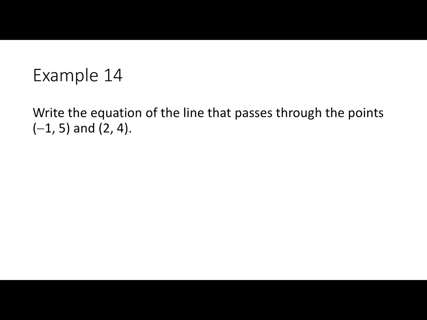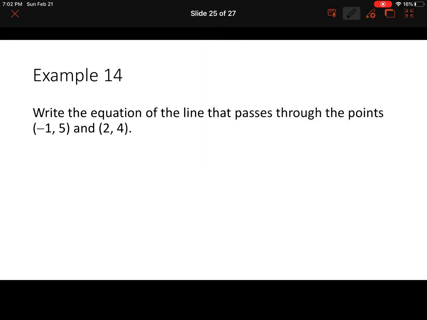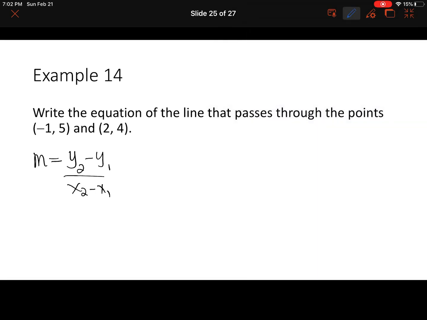Let's keep rolling. Suppose you're given only 2 points and it says find the equation of a line. Still no biggie. You know how to find the slope. You use the slope formula, the change in the y values over the change in the x values. So I'm going to go ahead and find my slope.